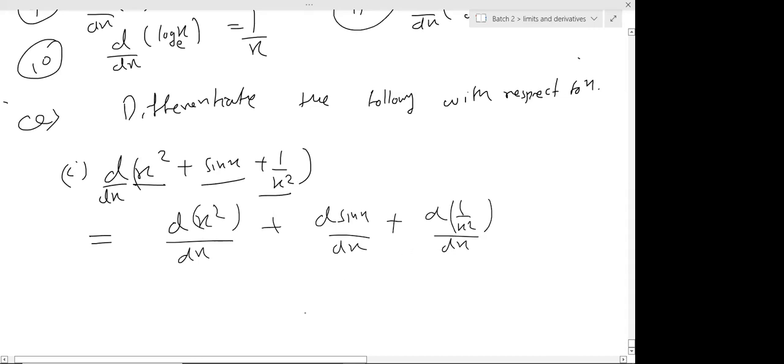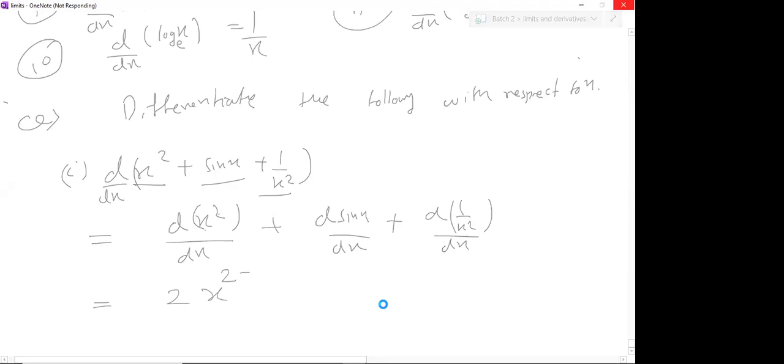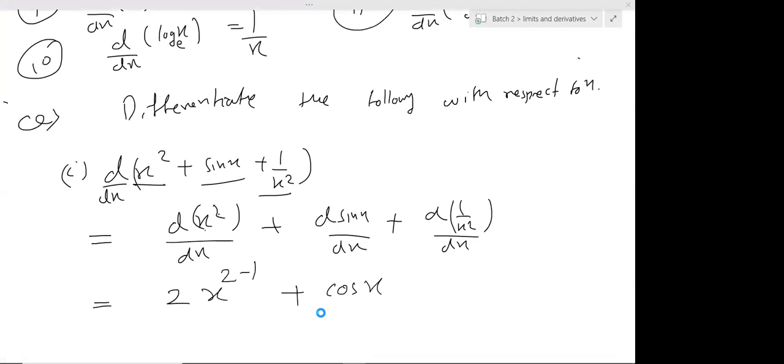You can find the differentiation individually if they are added or subtracted, not otherwise. Here you can use the formula for x raised to the power n. So that becomes 2 x raised to the power 2 minus 1, plus differentiation of sin x is cos x, plus how can we find the differentiation of this?